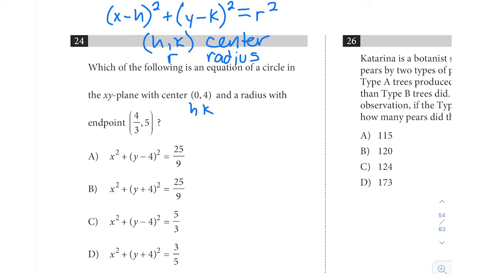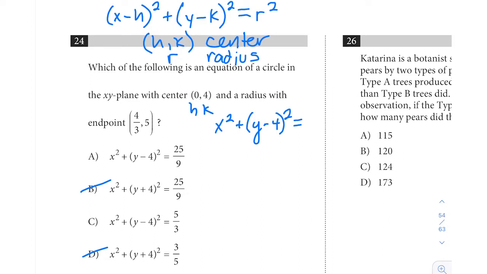But let's take a look at the next piece, y minus k. That next piece should be (y minus 4) quantity squared. So we're going to have x squared plus (y minus 4) quantity squared. And that allows us to eliminate answer choice B and answer choice D.